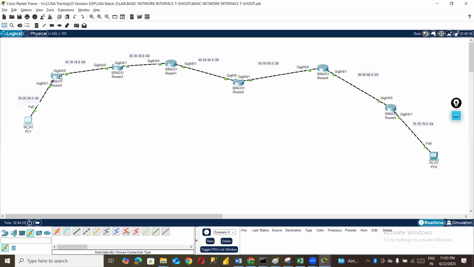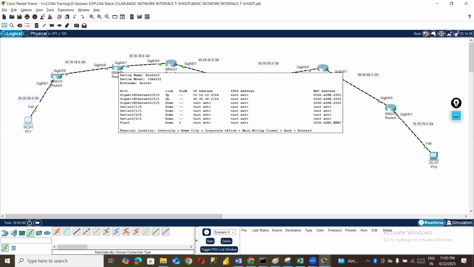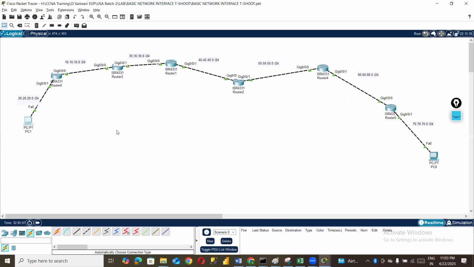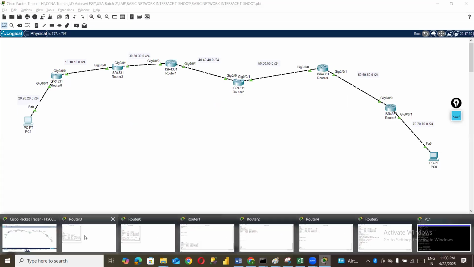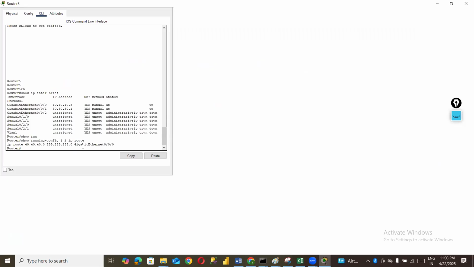This is our router 0. What is our next hop? Gigabit Ethernet 0/0. If you go here, Gigabit Ethernet 0/0, what is the IP configured here? Right, 10.10.10.3 is configured. So we'll give the next hop as 10.10.10.3, because we have to go to router 0, right?